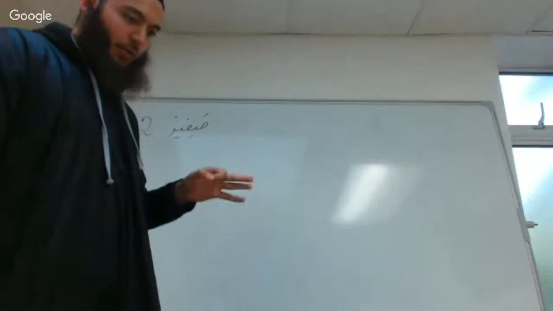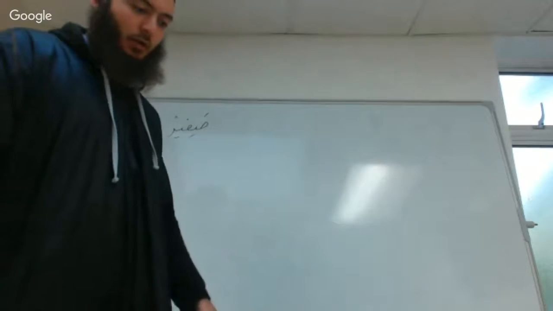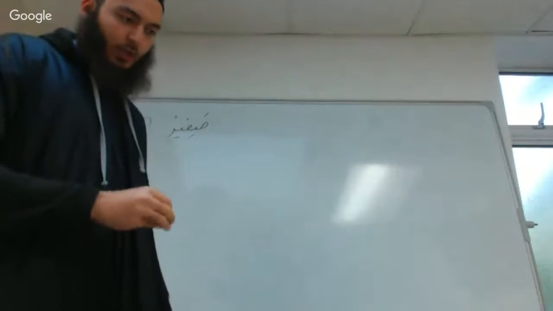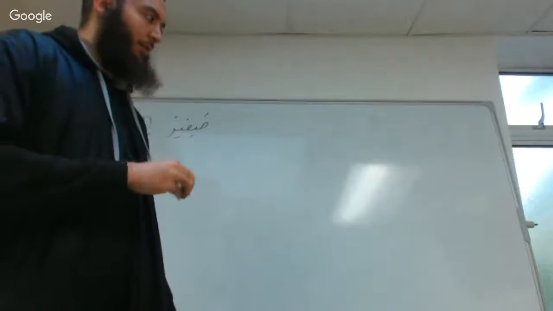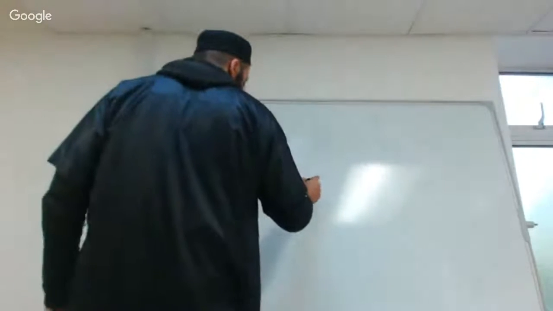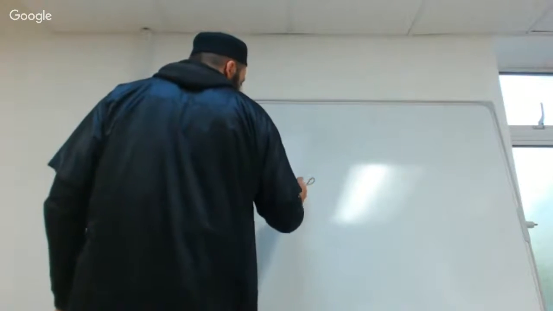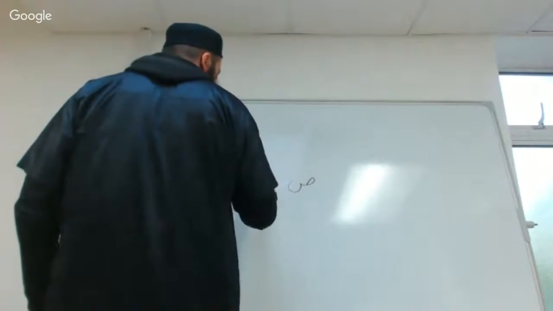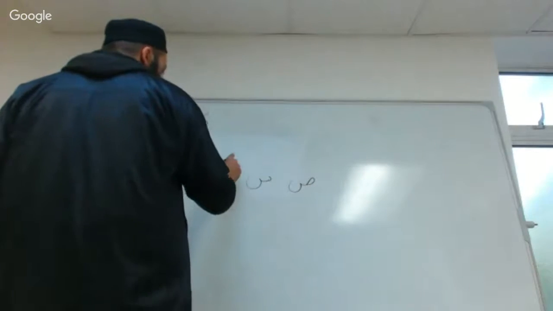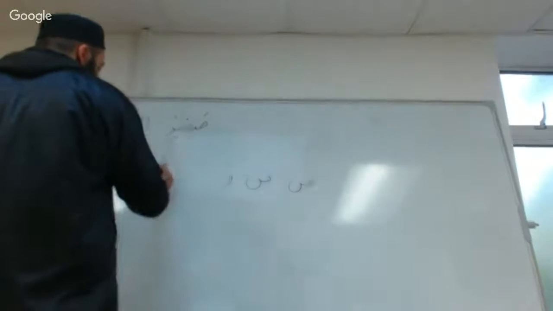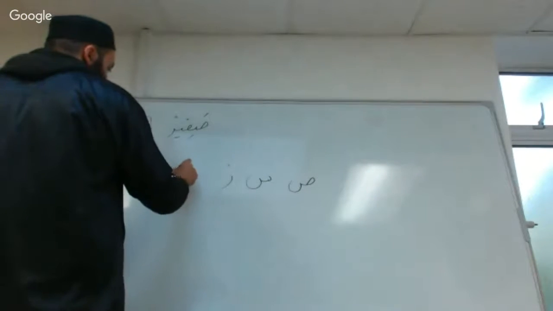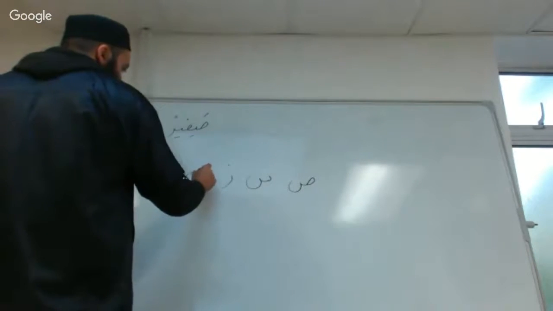These letters are 3, and we mentioned them briefly when we discussed makharij, because they all come from the same makhraj, but have different sifat. What unites those 3 is the sifa of Safir. So they are Sad, Sin, Z. So those are the letters of Safir.